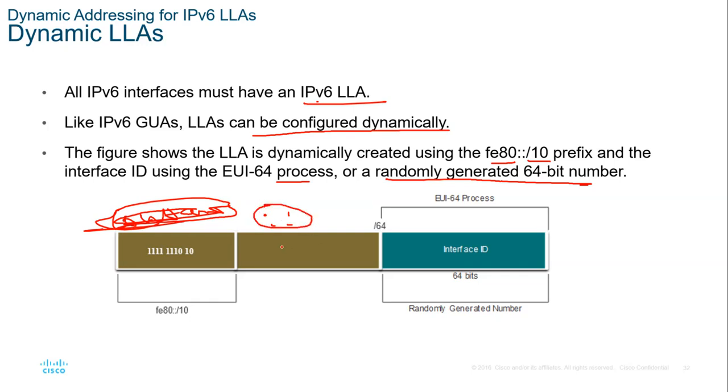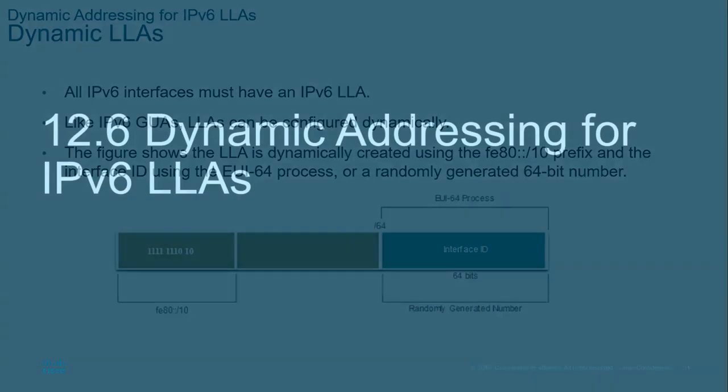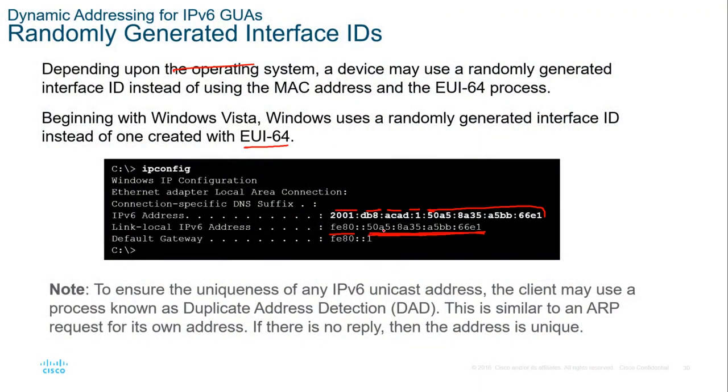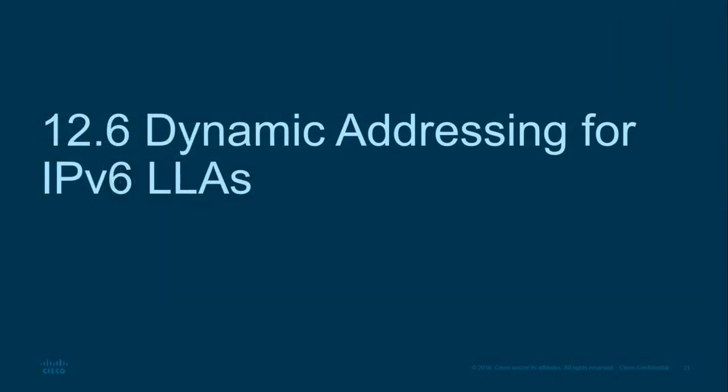That's the reason why there is nothing. Then the last, the interface ID, can either be extended unique identifier or randomly generated ID. That is what we saw here, as you can see, this is randomly generated, or it can be the extended unique identifier, the MAC address inserted with the triple F and E.